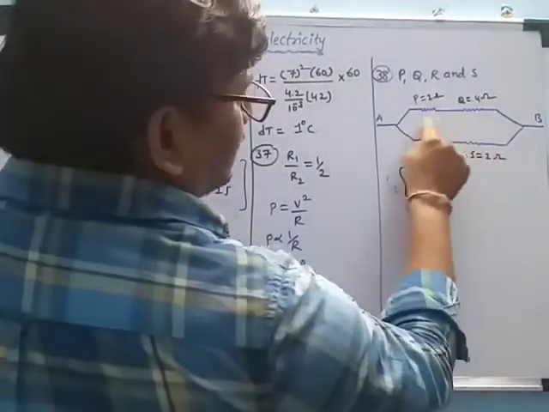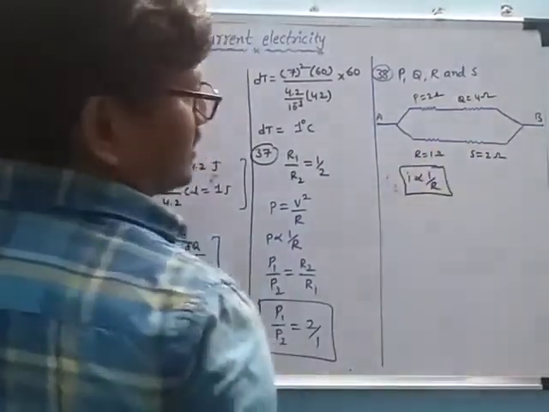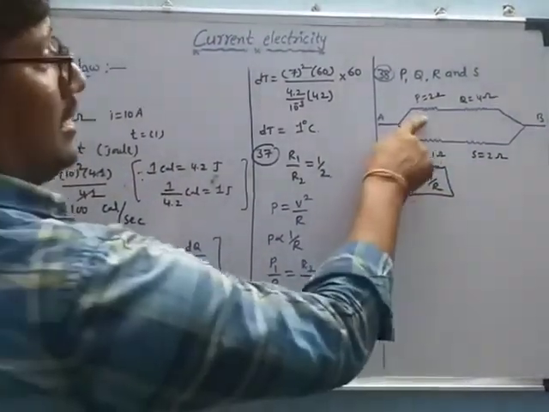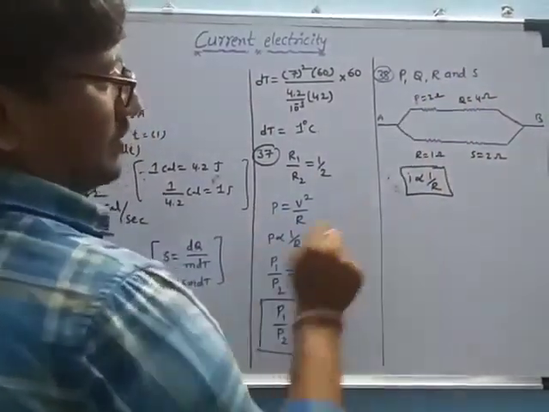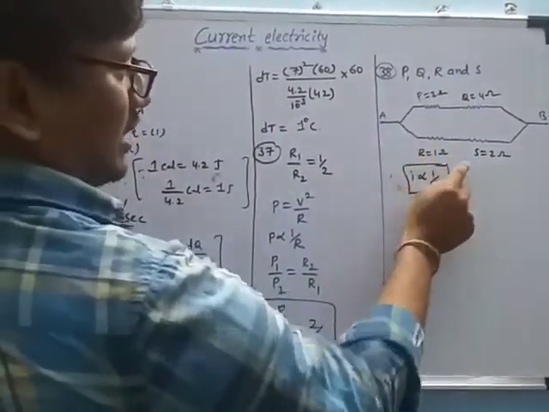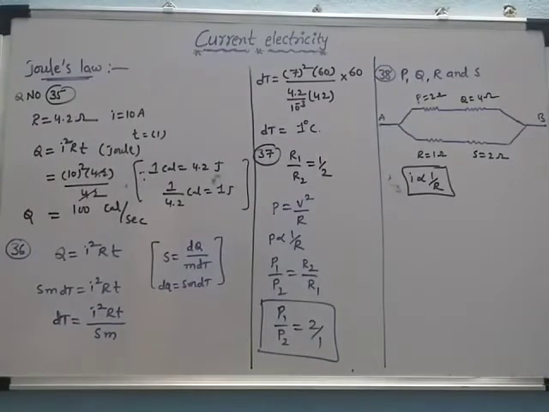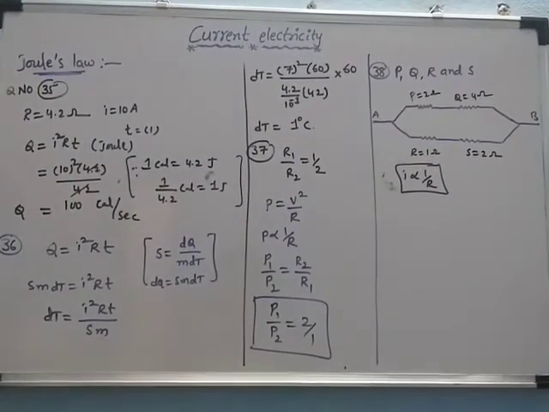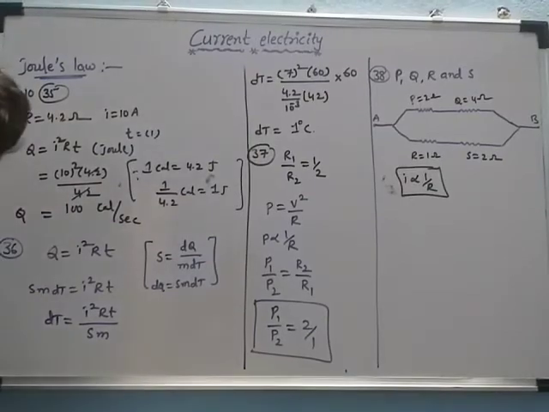How much is there? It is a series combination: 4 plus 2, 6. Here how much is it? 3. Now that means here the resistance is more, and here the resistance will be less. Now compare R and S. We consider R and S are in series.